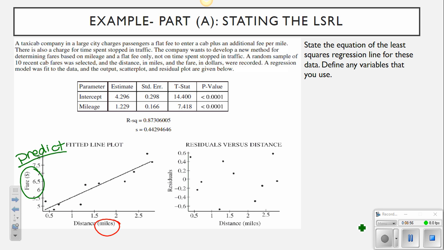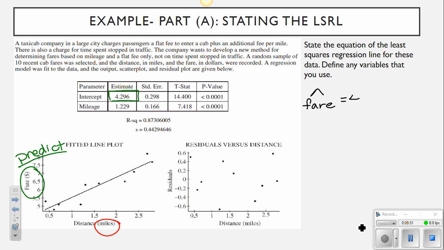For part A, can you state the equation of the least squares regression line for these data? Can you come up with it using the chart? The first thing you're going to write is a hat. What am I going to write for the hat? Fare. So fare hat equals the least squares regression line. Start with the y-intercept. Where do you find the y-intercept? Where it says intercept and intersects with estimate.